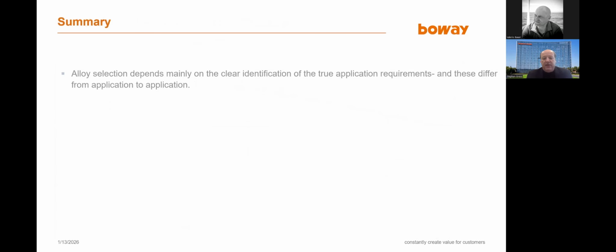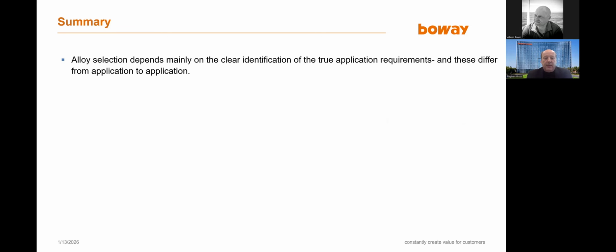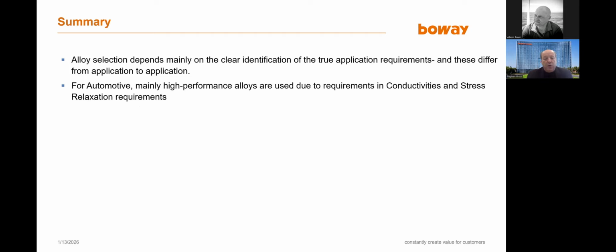Okay, so I'm at the end now, and I have to say in general, alloy selection depends very clearly on the identification of the true application requirements. So it depends from application to application. That's why we have technical marketing, and we will support you around the world with that. For automotive, we have mainly high performance materials, and these are driven very much by conductivities and relaxation.